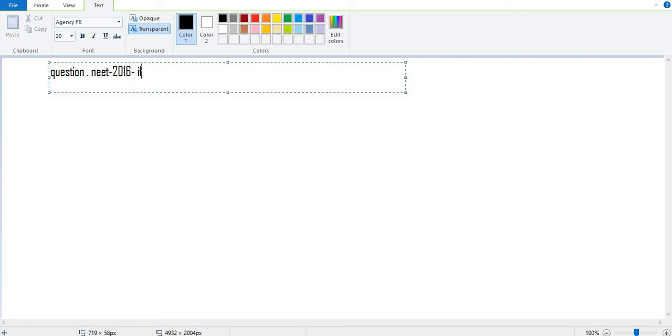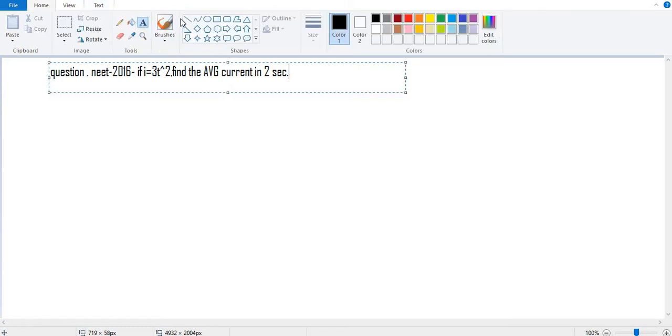The question is, if I is equal to 3t squared, then we have to find the average current in 2 seconds. So this is the question.